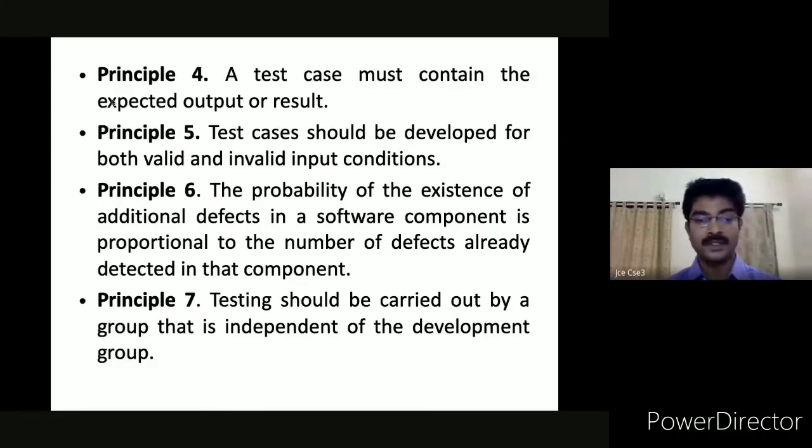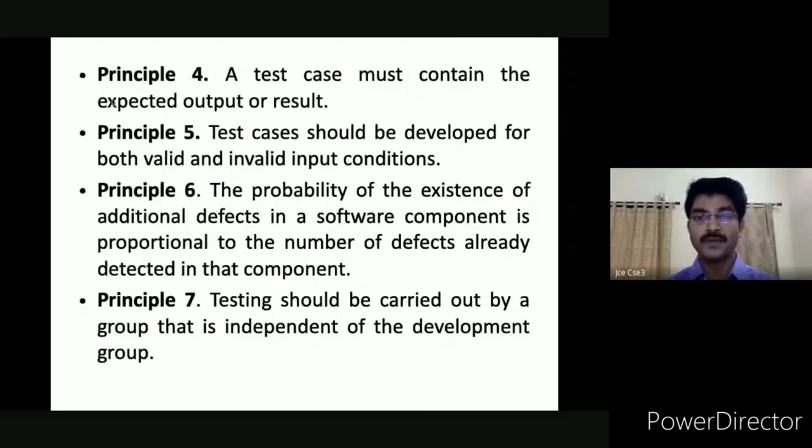Principle 7 says that testing should be carried out by a group that is independent of the development group. It is very common at our home: when our mother cooks food for us, who will taste it and be the good judge? Mother cannot be the good judge for giving feedback. We sit at the dining hall enjoying the food and we give the feedback.